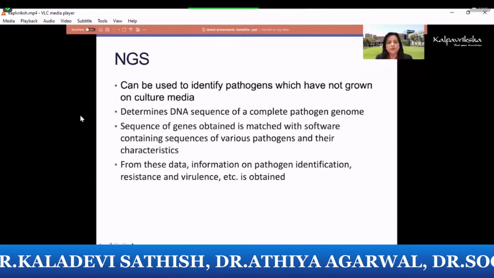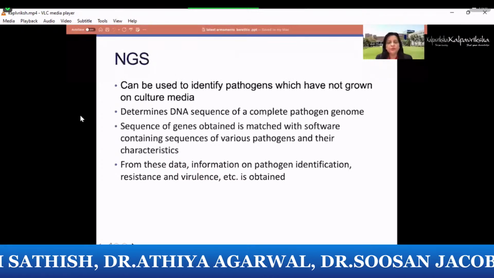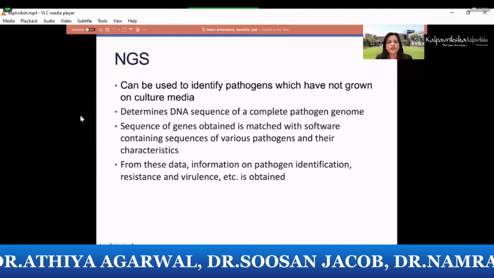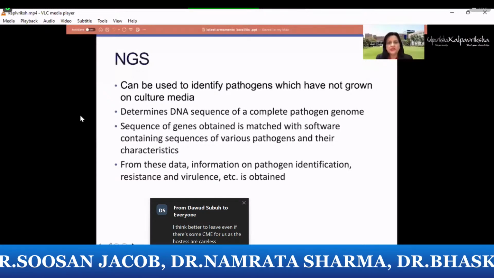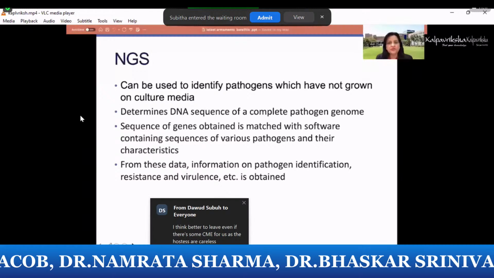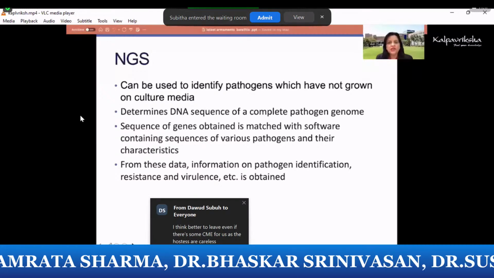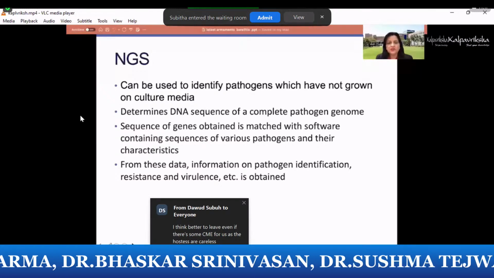Next generation sequencing picks up the pathogens which have not grown. It determines the DNA sequence. The sequence of the gene is obtained and is matched with the software which contains the sequences of the various pathogens. And then pathogen identification, resistance, and virulence is obtained.